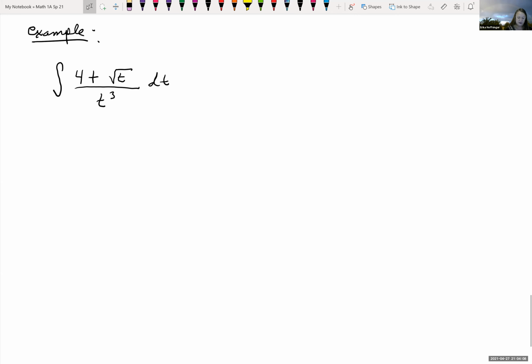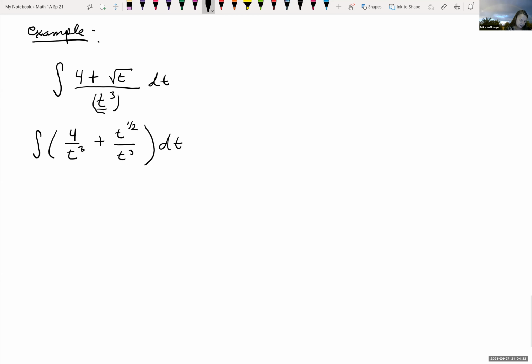At first, we didn't know what the quotient rule was, and so we would rewrite it. If it was only divided by one term, we could rewrite this as 4 over t cubed plus, I'm going to rewrite the square root of t as t to the 1/2 over t cubed, parentheses dt.